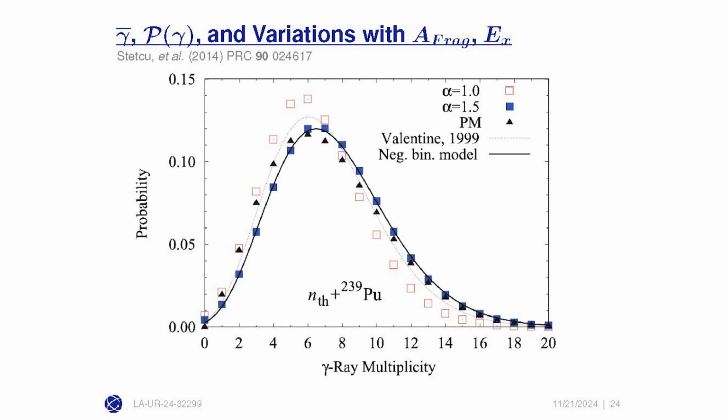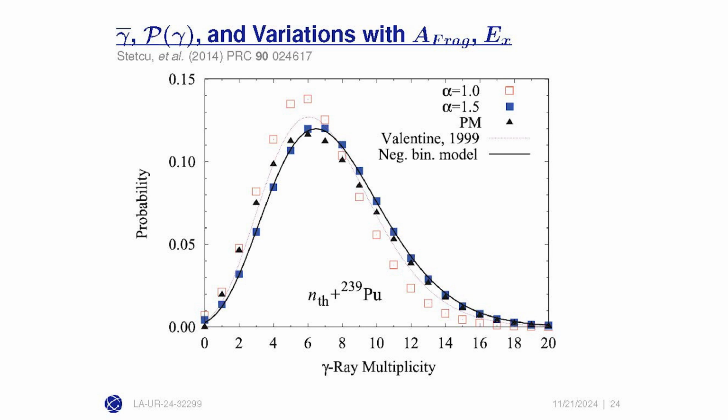Okay, and then this isn't the last slide. Just as we had P of nu distributions, we have P of gamma distributions. And again, like I said, the average number of gammas is typically much higher than the number of neutrons, on the order of 5 to 7, as opposed to 2 to 3, or a little above 3, or even higher at higher incident energies for neutrons.